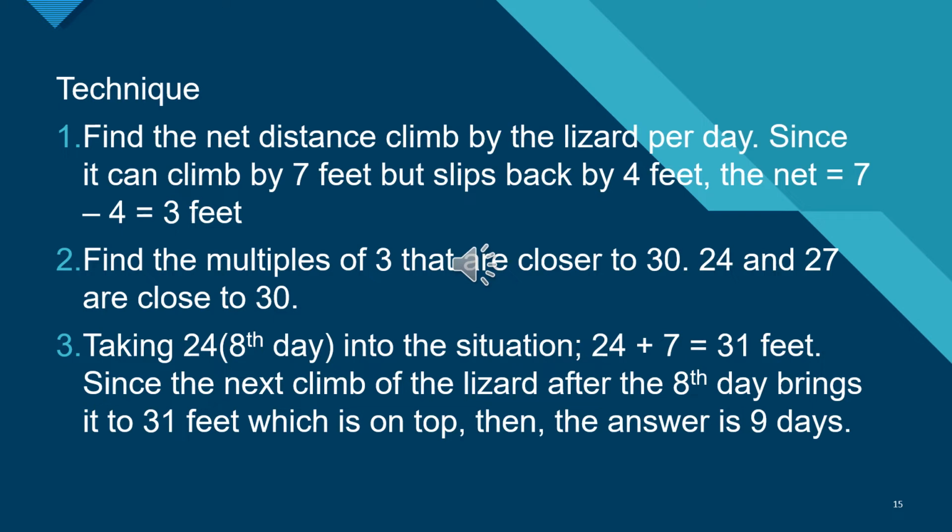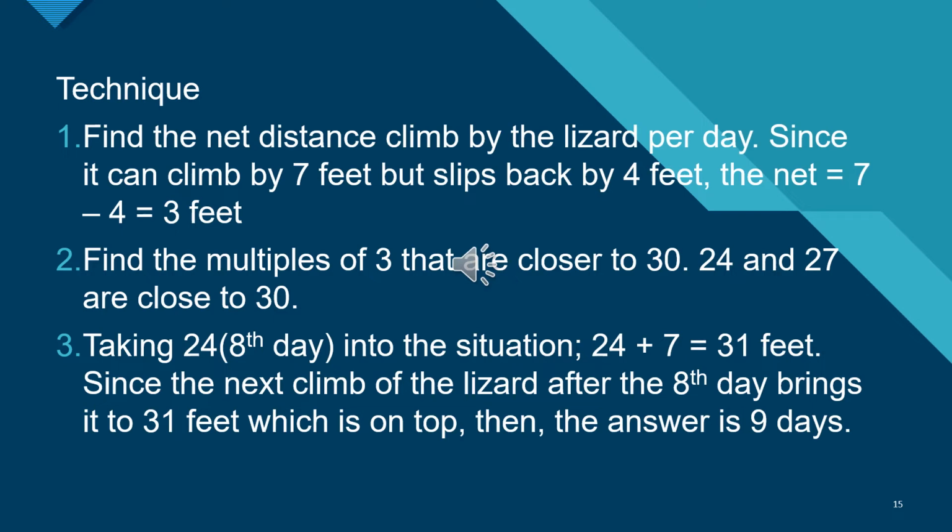And we know that it's the result when the lizard climbs up on the eighth day by 7 and slips back by 4 feet. So, in this case, 24 is on the eighth day. Now, say we are on the eighth day, and the lizard climbs up on the ninth day by 7 feet.